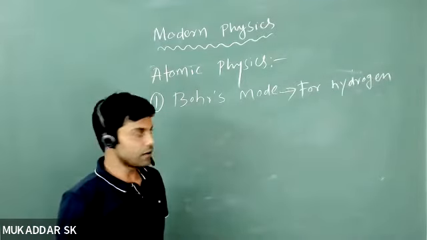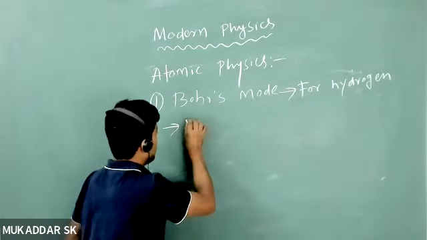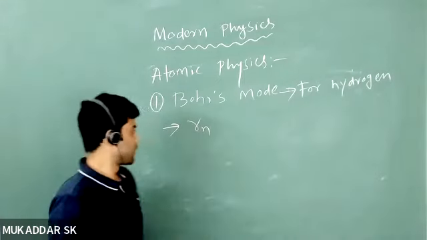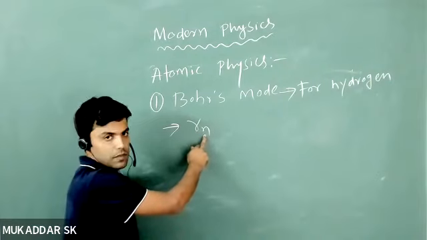For hydrogen atom, what will we discuss? We'll discuss the radius. We'll see the radius of the electronic orbit as a function of principal quantum number. So n means principal quantum number.